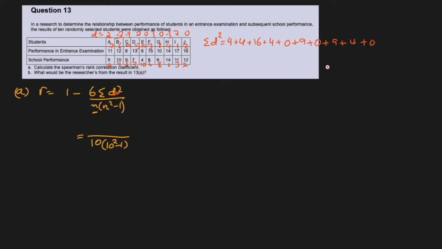So this is sigma d square. We will add them now. 4 plus 4 is 8, 24, 28, 37, 46, 50. Sigma d square is 50, and now we will write here 1 minus 6 times 50.